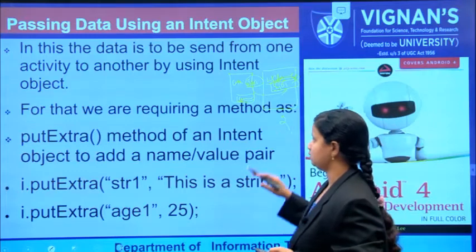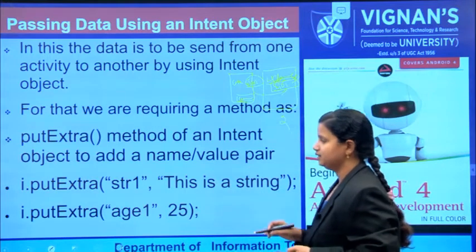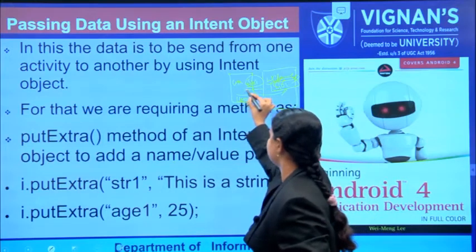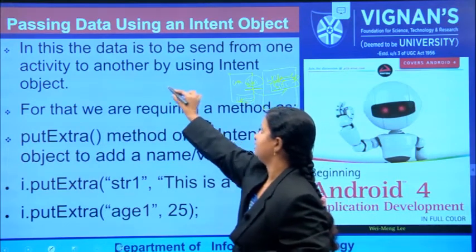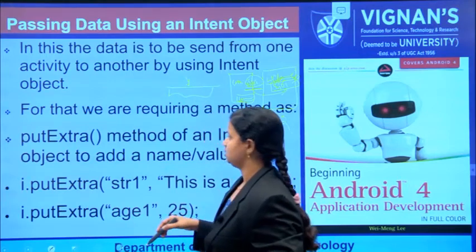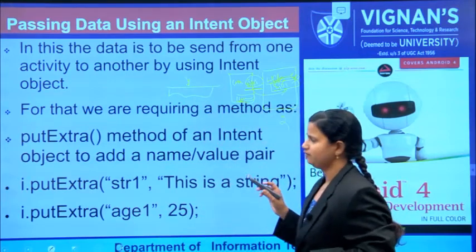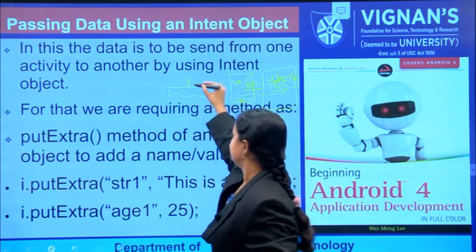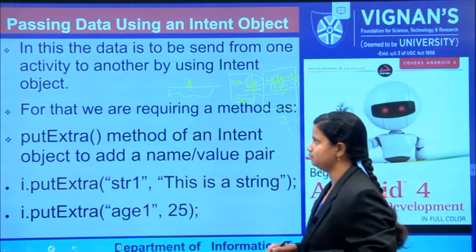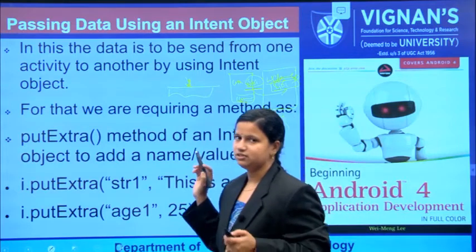That is the concept we are discussing. In the first activity you have a field where you type the information. First of all we have to set the information, and there are different methods to do that.